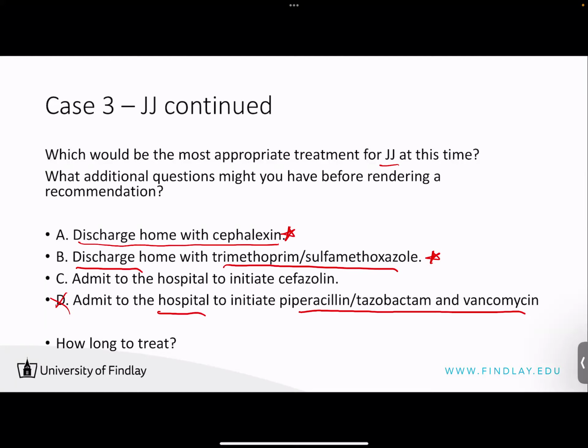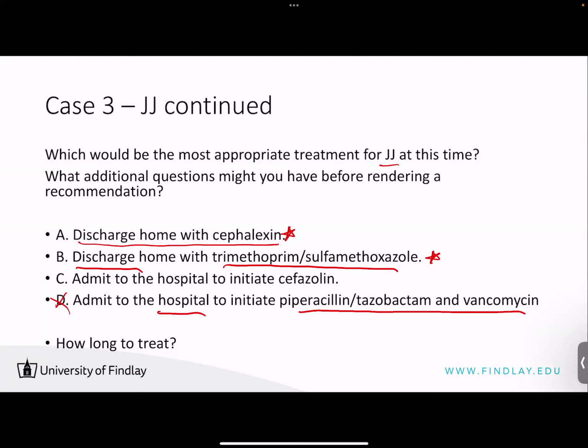My personal opinion, I like the cephalexin route because cephalexin will kill group A strep. It will kill MSSA, right? And nothing kills like a beta-lactam. Is Bactrim wrong? Bactrim will kill MSSA. Bactrim will kill MRSA. Bactrim will kill group A strep.